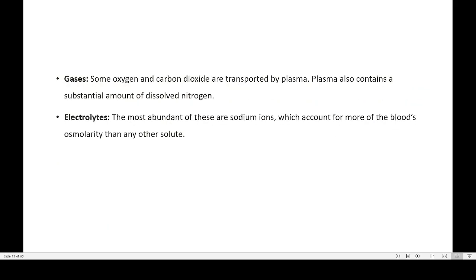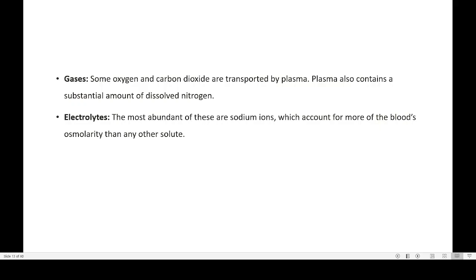Other than these nutrients, we have gases also, mainly oxygen and carbon dioxide. Then a small amount of dissolved nitrogen will also be present in our blood. So these are the three different gases present in our blood.